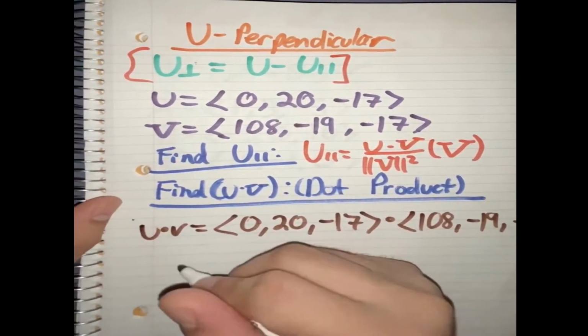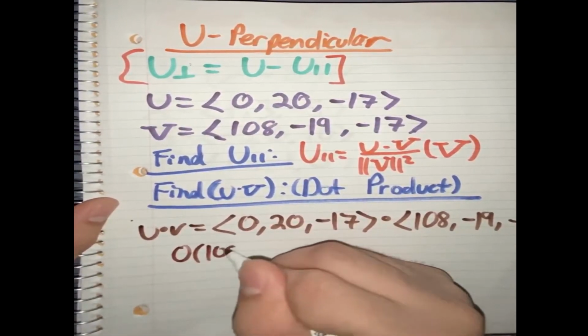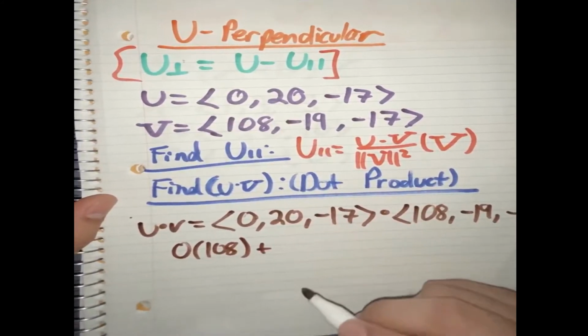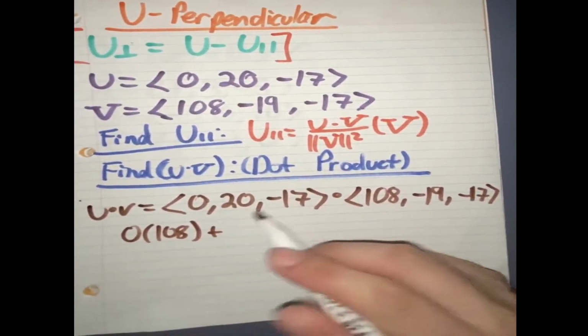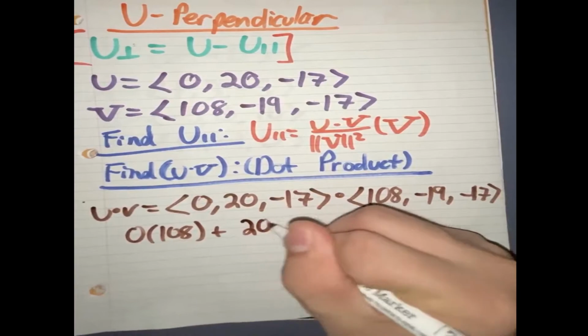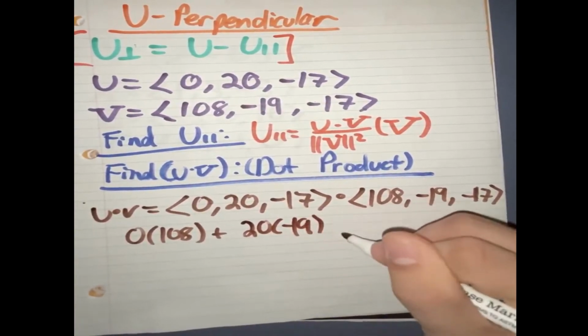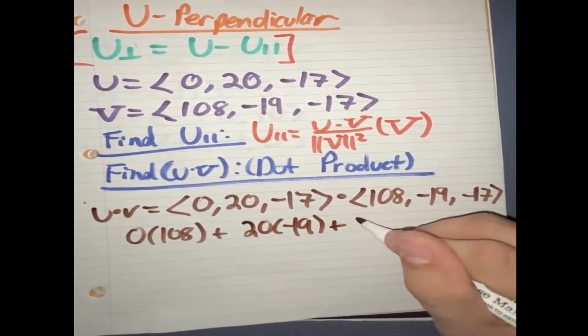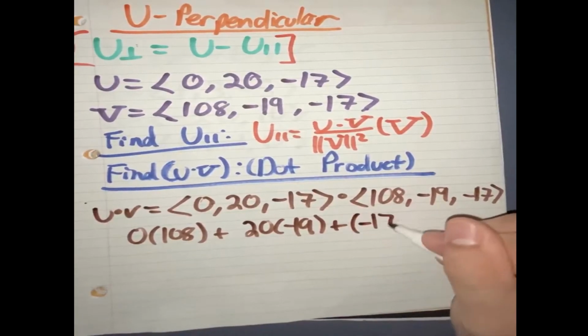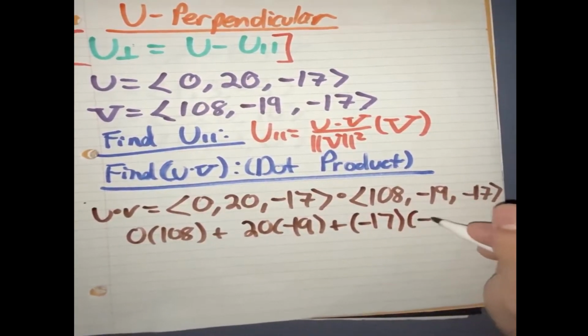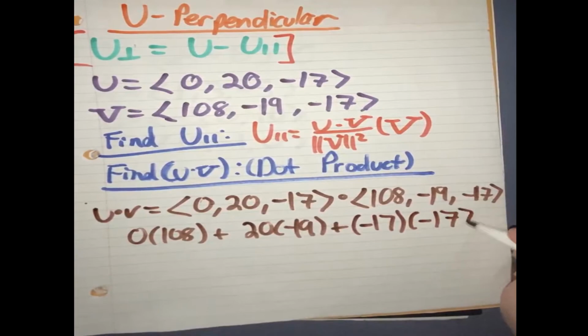When we dot these, we get 0 times 108, plus 20 times negative 19, plus negative 17 times negative 17.